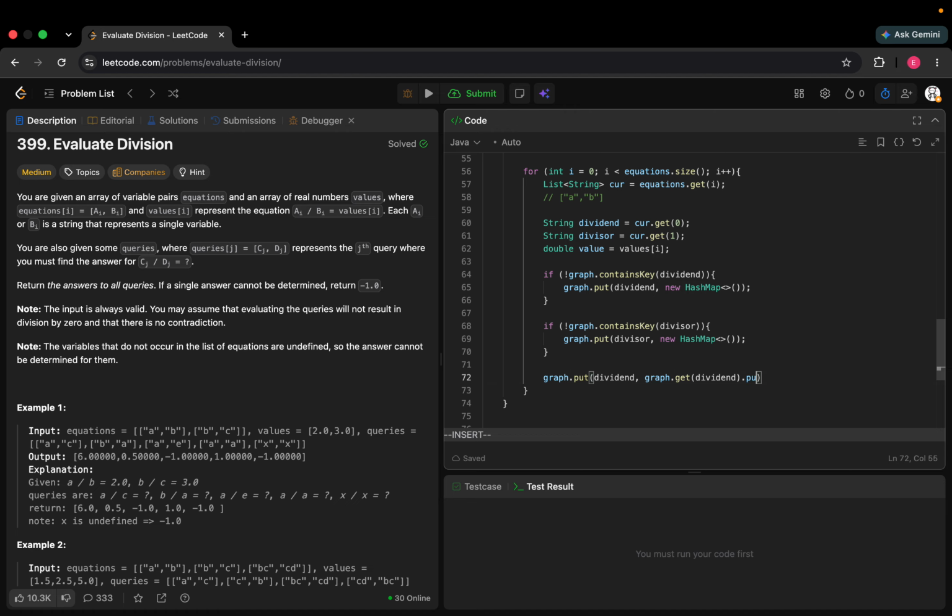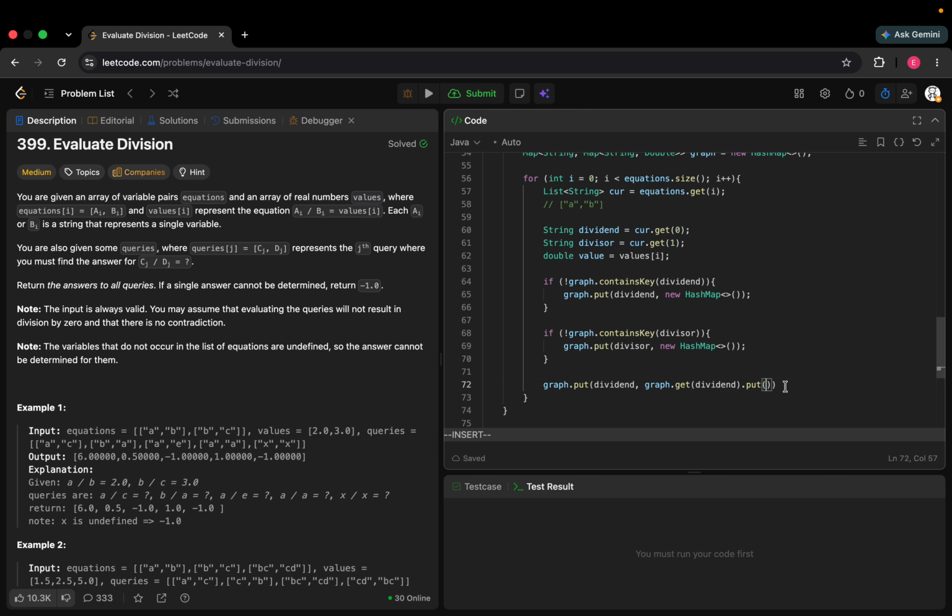Get dividend, put the, we already have the dividend. We should get the and put the divisor another value.